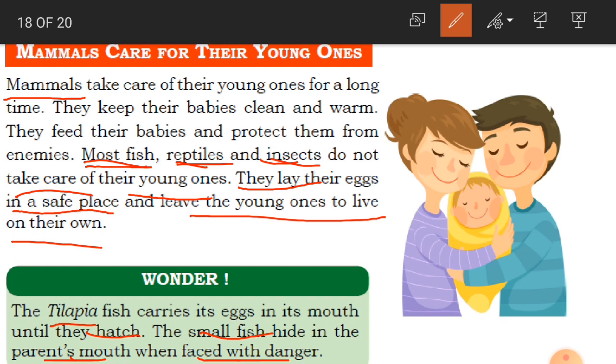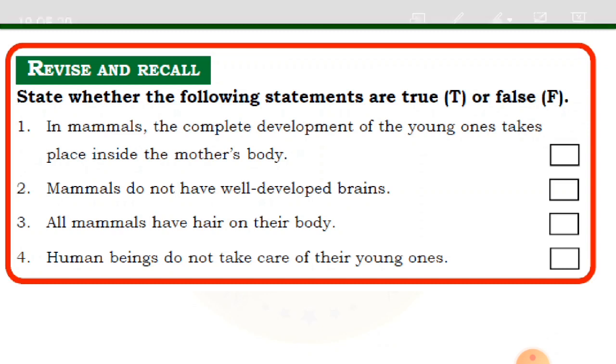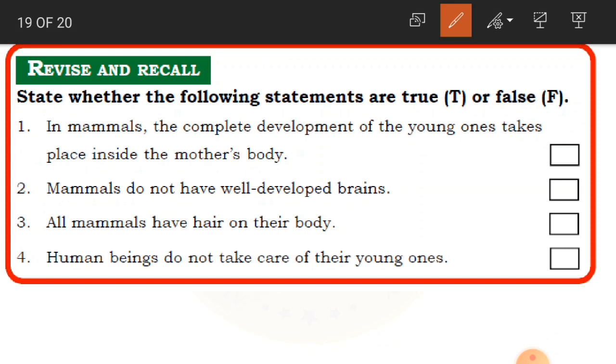So this is how mammals, birds, reptiles and insects produce their young ones. Clear? Okay children, before concluding today's topic, we'll just revise and recall what we have learned. State whether the following statements are true or false.